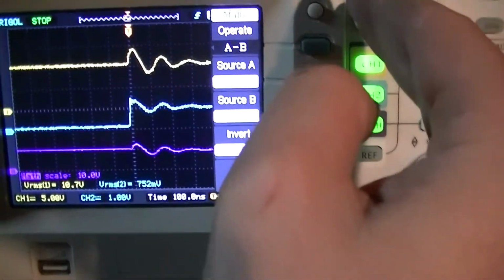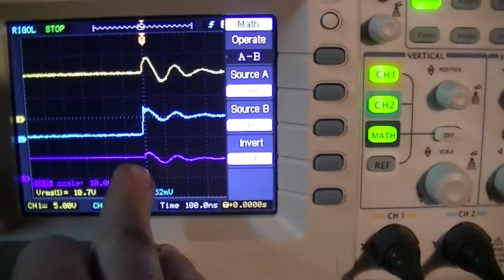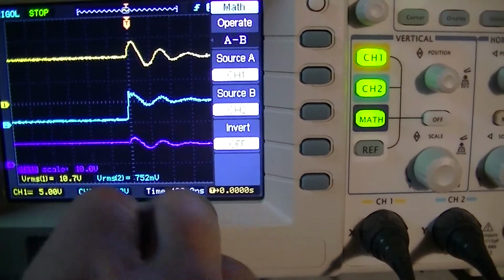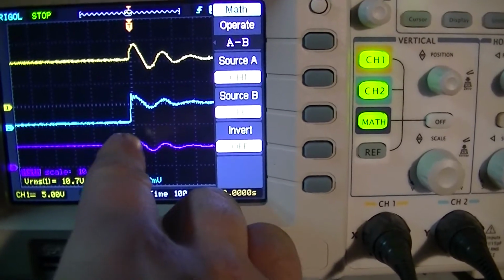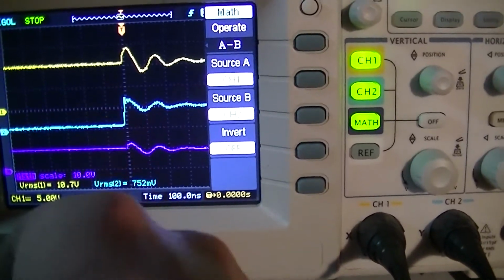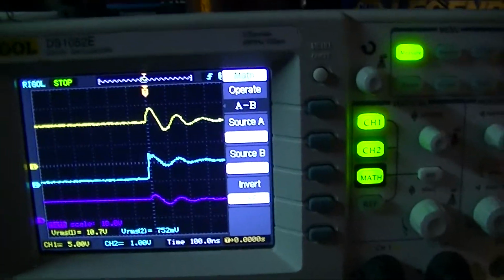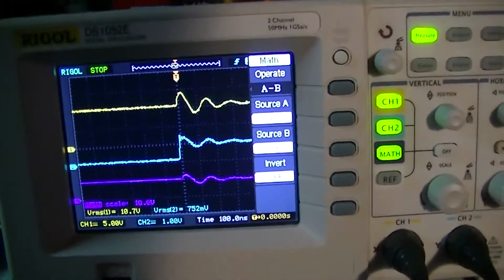Subtract channel 1 from channel 2, so we can see an AC sinusoid. It's kind of weird, probably because it's also switching through the transistor at the same time. When that reed switch fires, it also oscillates through the transistor circuit too.